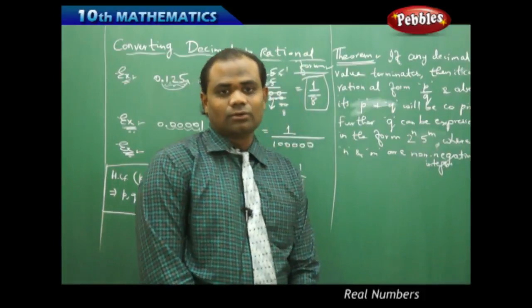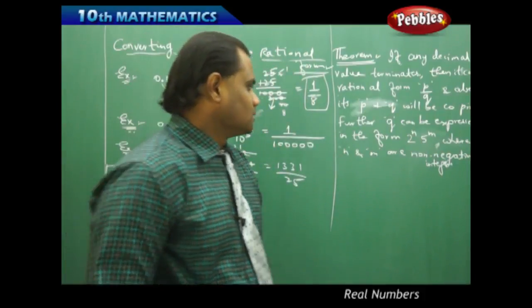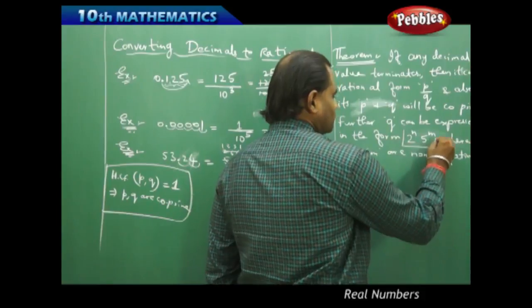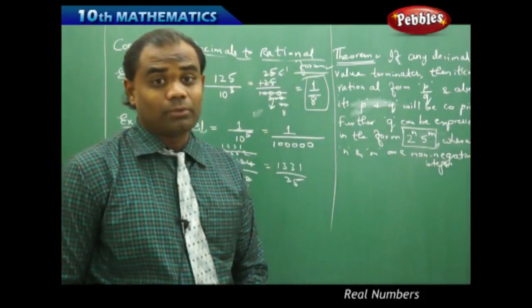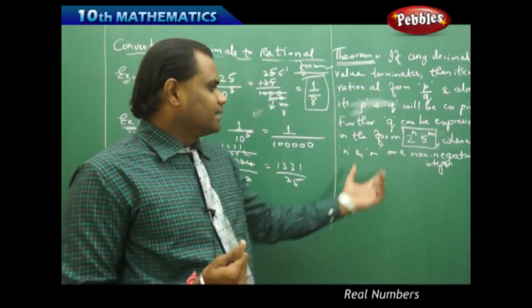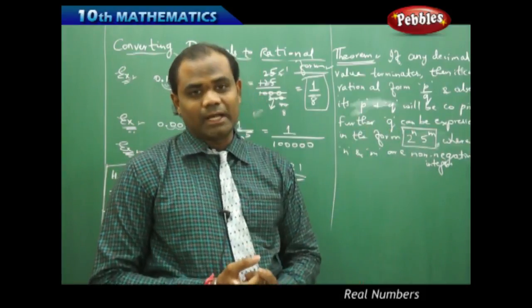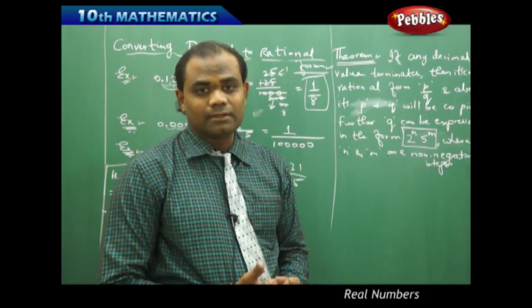So this is how I conclude the theorem, but the whole of this concept is what we need to understand and is very important. So why did I say that Q can be expressed in the form 2 power n and 5 power m? What is the need?